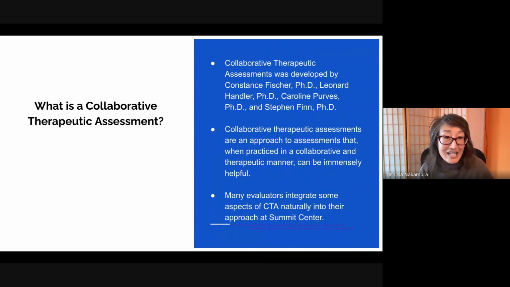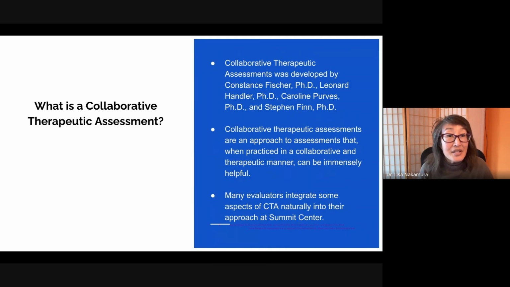For example, a child would get assessed in one room, and then there's a live feed to another room where caregivers or parents are there with another psychologist, making their own observations of their child, so that we can understand how it is from their perspectives, but also notice what else is coming up for them, and see if we can get closer and closer to the same page around what the testing is showing, what they're noticing, and how we can knit that together.